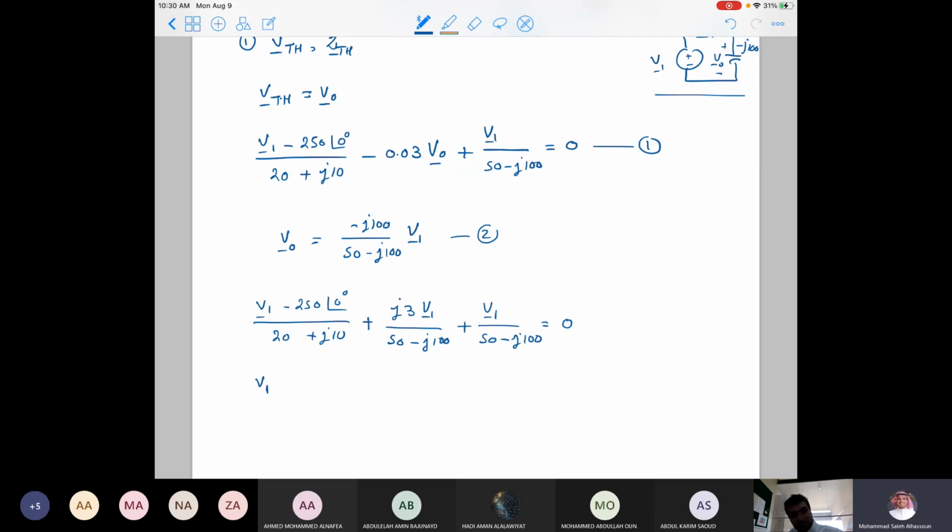If I take V1 as a common factor here, then I will get 1 over 20 plus J10 plus J3 over 50 minus J100, plus 1 over 50 minus J100, or I can combine them together to get 1 plus J3, equals 250 divided by 20 plus J10.